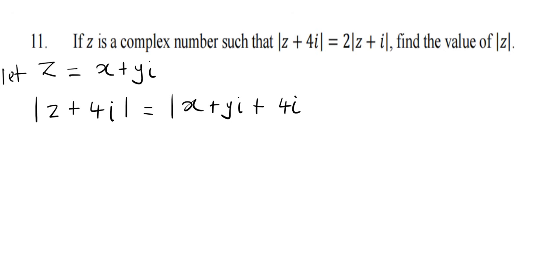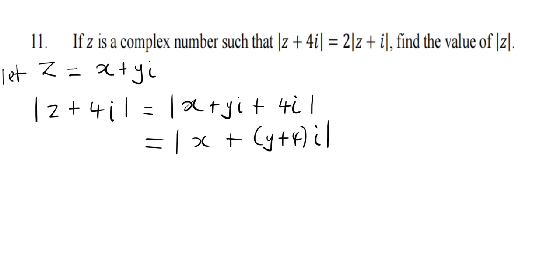Now I'm going to have the modulus of x plus, I'm able to see that this has i and this has i, so I'm supposed to factorize the i. So I'm going to have y plus 4i because they both have i.